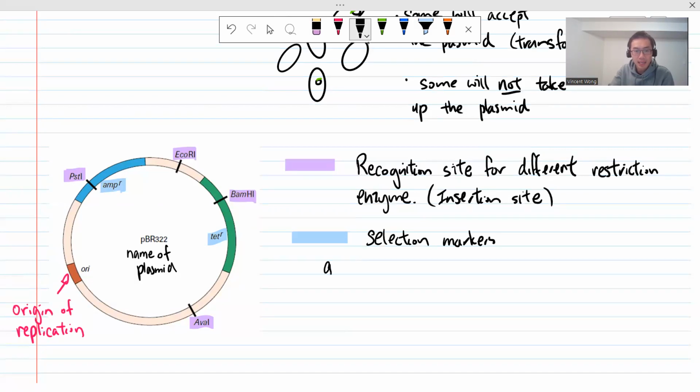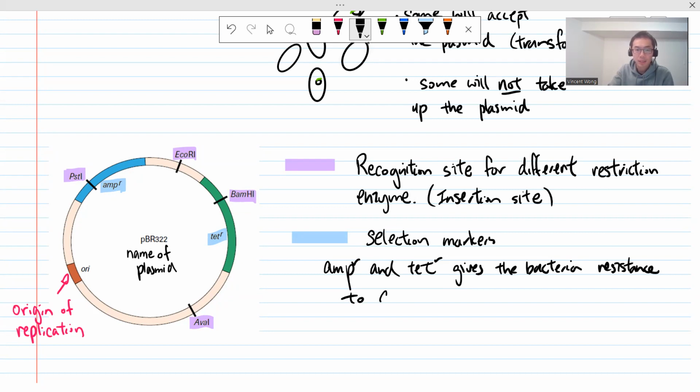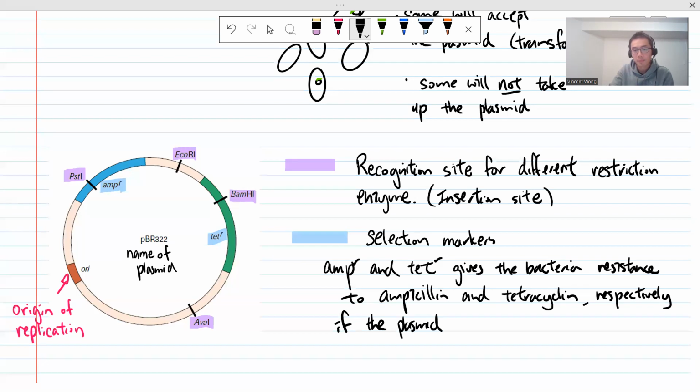Well, in this case, AmpR and TetR give the bacteria resistance to ampicillin and tetracycline, respectively, if the plasmid is accepted by the bacteria.